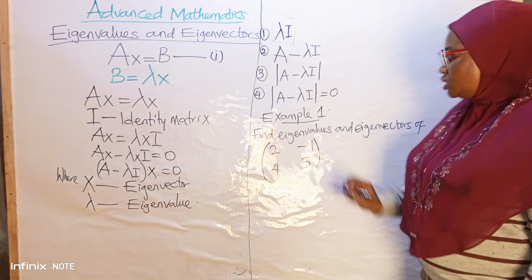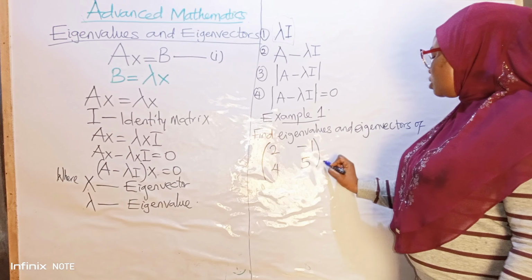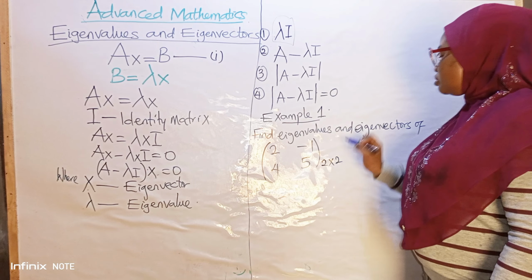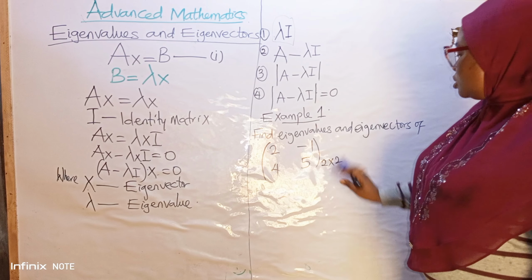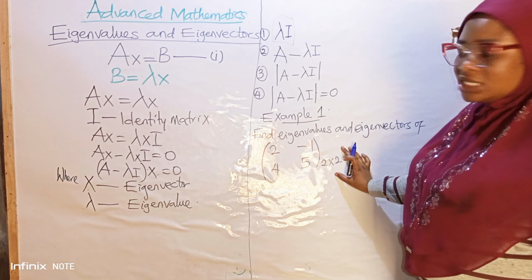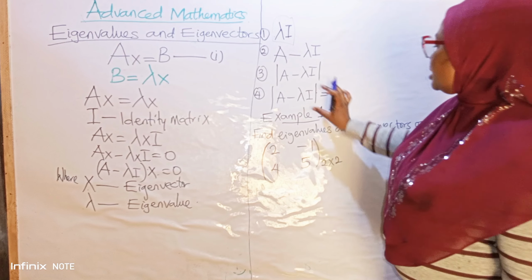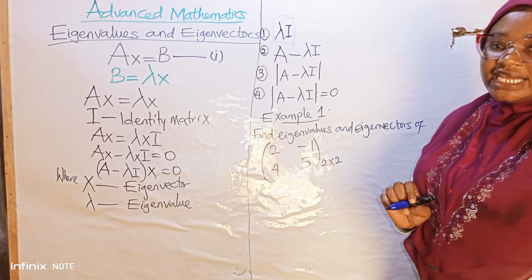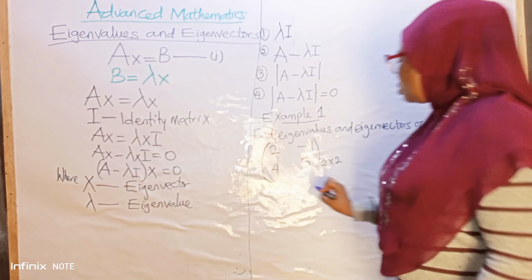So this is a 2 by 2 matrix, and I told you that it is the order of this matrix that will determine the order of your identity matrix. Solution.